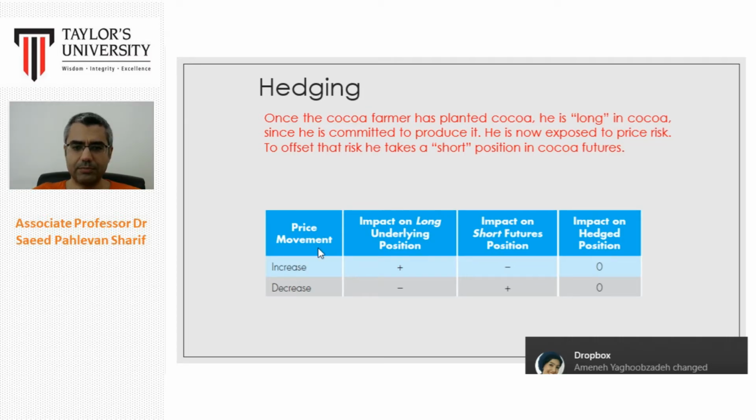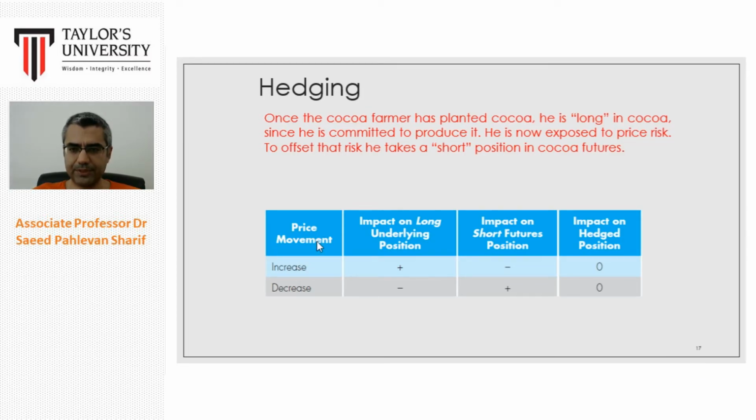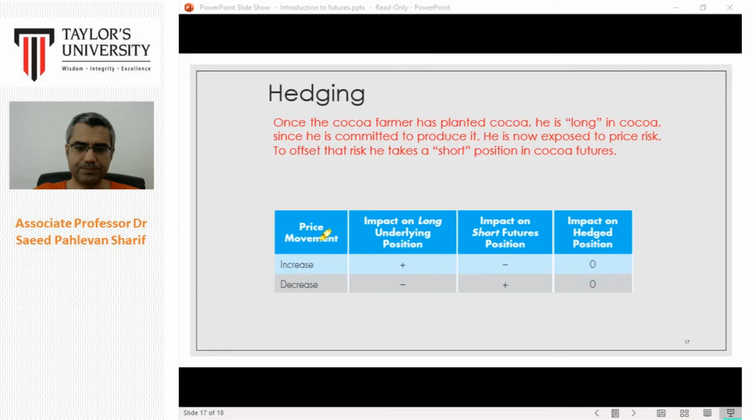This table has been prepared from the cocoa farmer's perspective. Let's see how the cocoa farmer, by selling futures contracts, could reduce the risk of price changes.